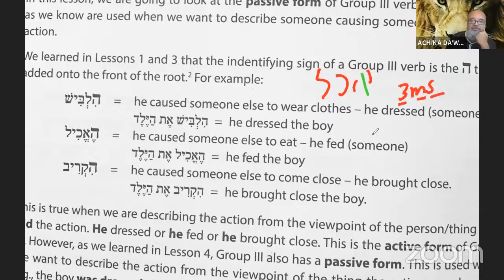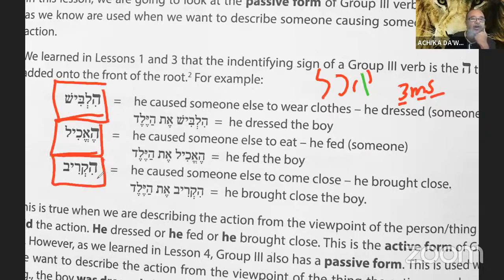So when you look over here, you say, well, David, I don't see the 3 letters. I see 4. From your lessons in 1 and 3, there was something else about this root that you need to be looking for when you add a hey. What is the other letter that's added to let us know that it is what you would call a hifil?